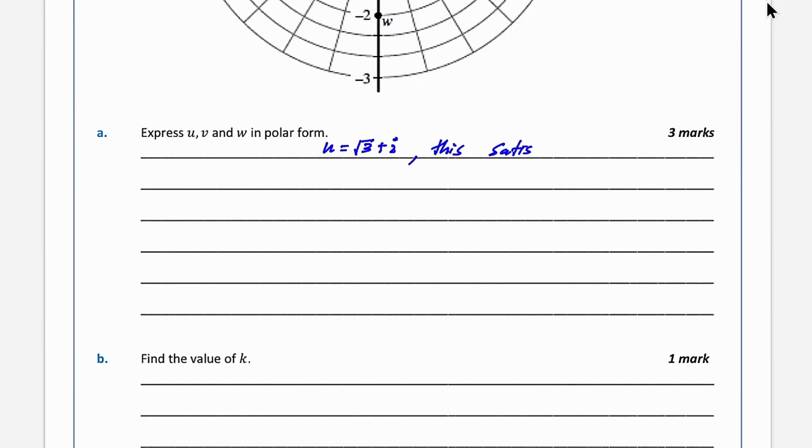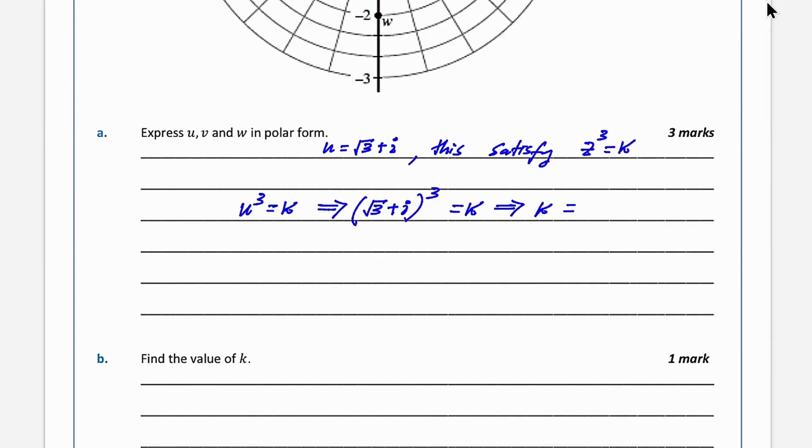Okay. So U is equal to square root 3 plus i. This satisfies, what did I say? This satisfies u to the power 3 is equal to K, isn't it? So if you want to find K now, just grade 3 math. So u cubed is equal to K, because that satisfies. So it's going to be square root 3 plus i, raised to the power 3, is equal to K. So this tells you that K is equal to, simplify, what you get?